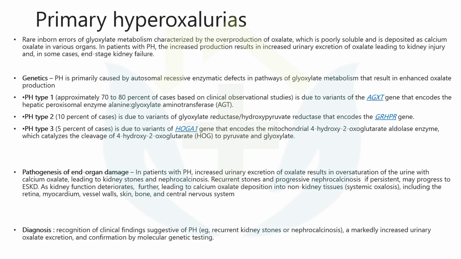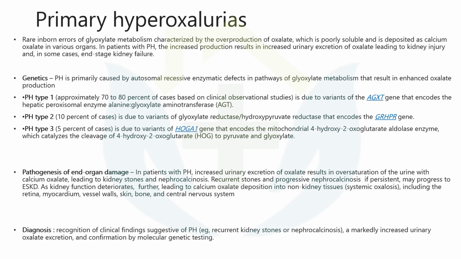Many cases come with hematuria, and it damages the kidney very fast actually. So recurrent kidney stones and progressive nephrocalcinosis happen, and kidney function deteriorates as the stone size increases and damages the kidney tissues.